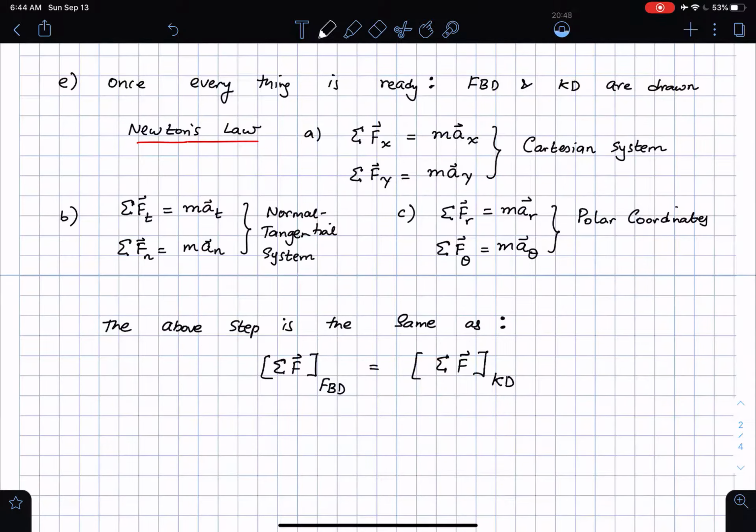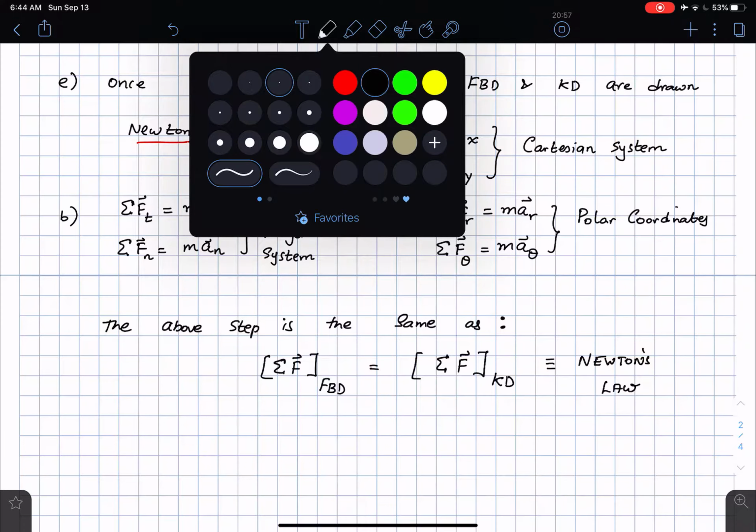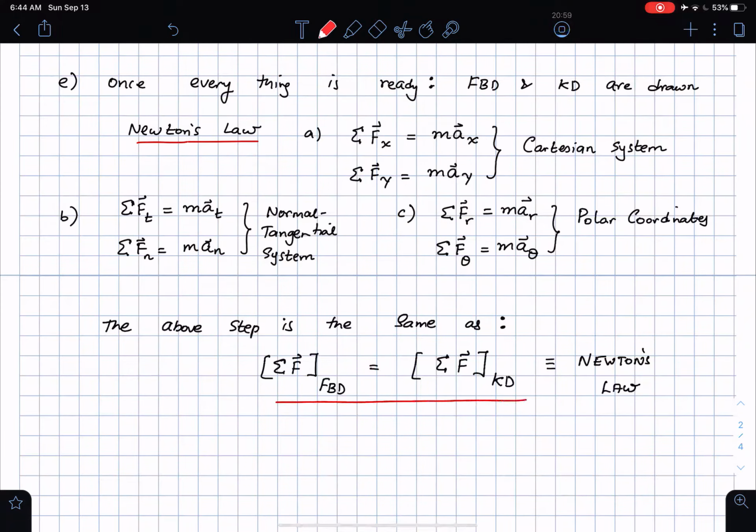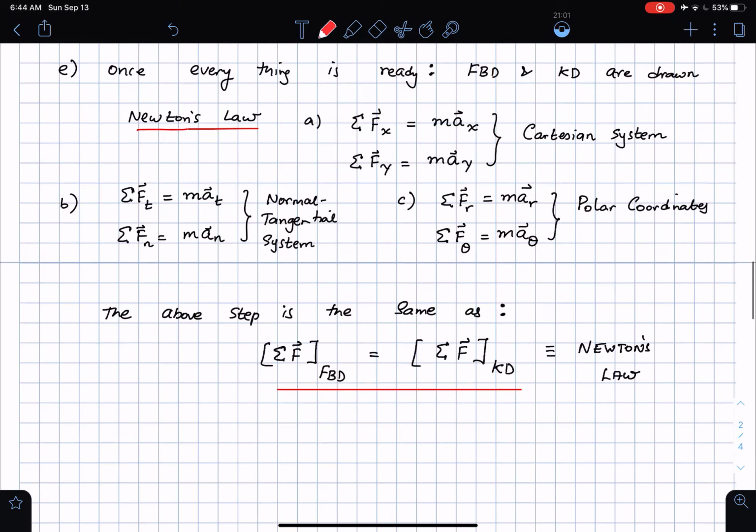This is Newton's law. And this is why we are drawing the kinetic diagram. This is the reason for drawing the kinetic diagram.